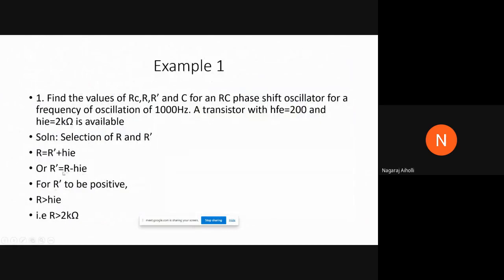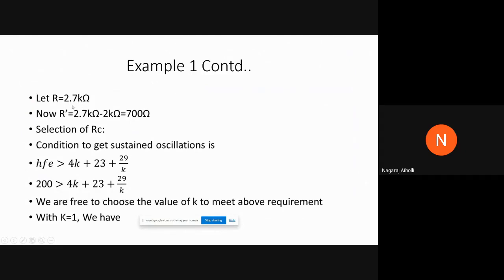If you want R dash to be positive, then R should be greater than hIE. Is it not, students? If you want R dash to be positive, then R should be greater than hIE. hIE is given here, it is 2 kilo ohms. So R must be greater than 2 kilo ohms. So the nominal value of R that we can choose is 2.7 kilo ohms.